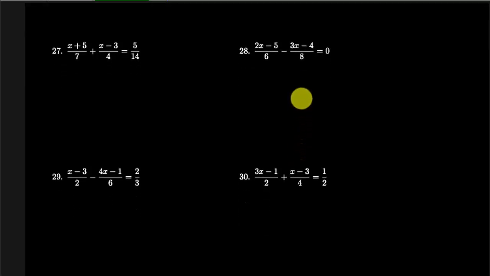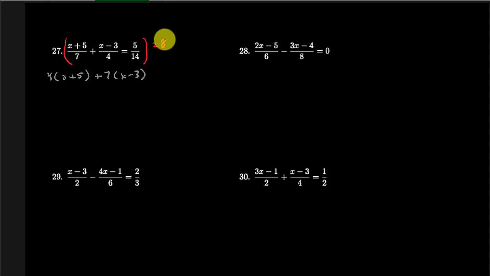Let's do this. We're going to multiply through by 28, our common denominator. So notice 7 goes into 28 4 times, right? So that's going to be 4 times (x plus 5). 4 goes into 28 7 times, so that's going to be plus 7 times (x minus 3).